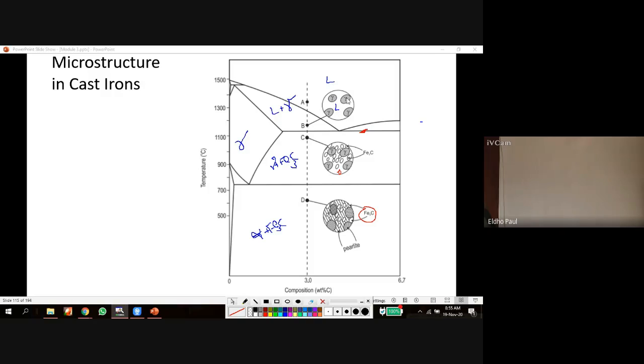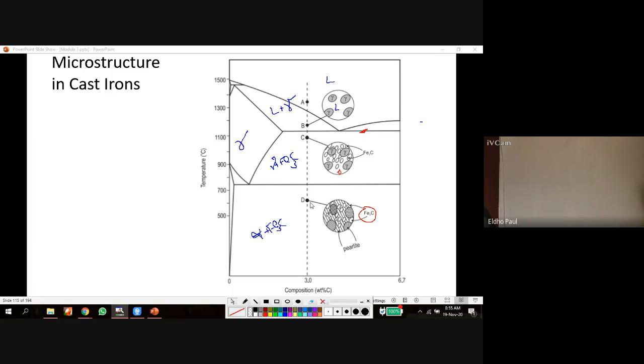There is no change in this gamma particle when crossing from B to C. But this liquid solidifies in the form of other gamma particles. We can see in this area we have another gamma particle, the white color, and another gamma particle and Fe3C is formed. This liquid is converted. Okay.